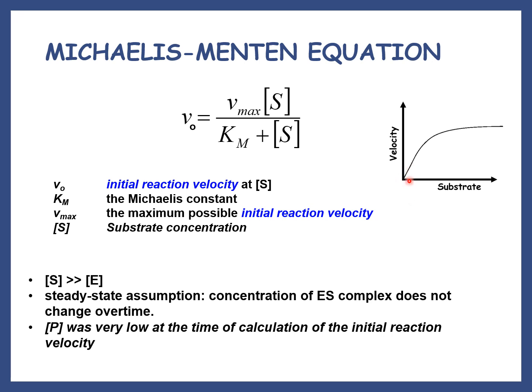The product formed at that point would be way lower, so it can be neglected, because it's approximately close to zero, right? So these are the three main assumptions which he made while deriving the Michaelis-Menten equation for this hyperbolic velocity versus substrate concentration graph, which we can use to calculate the values of Vmax and Km.